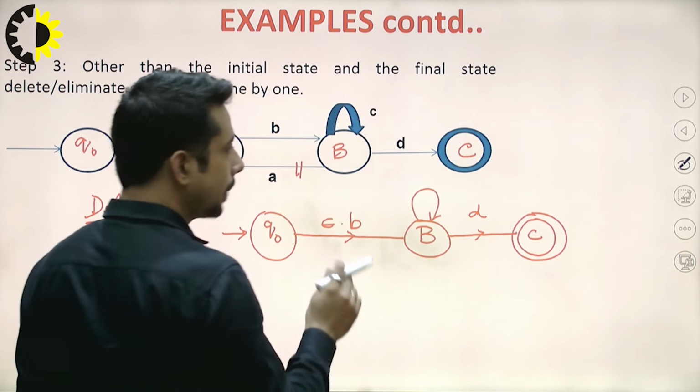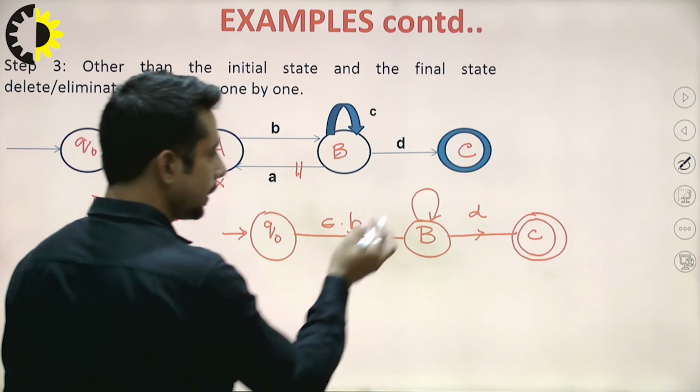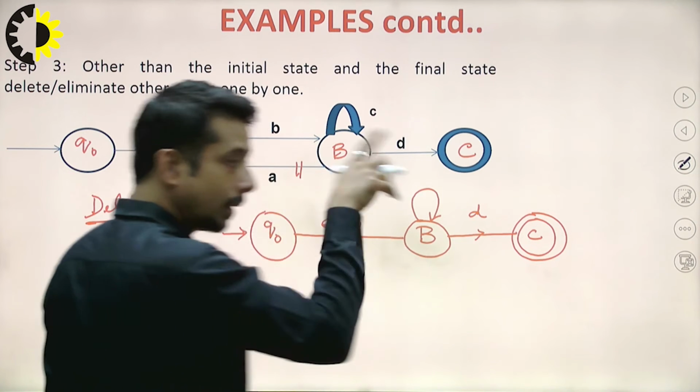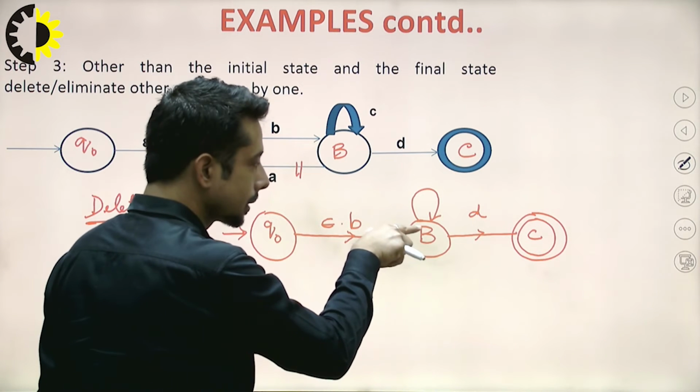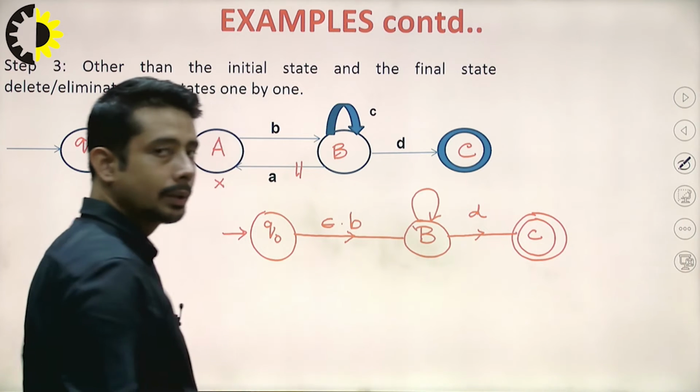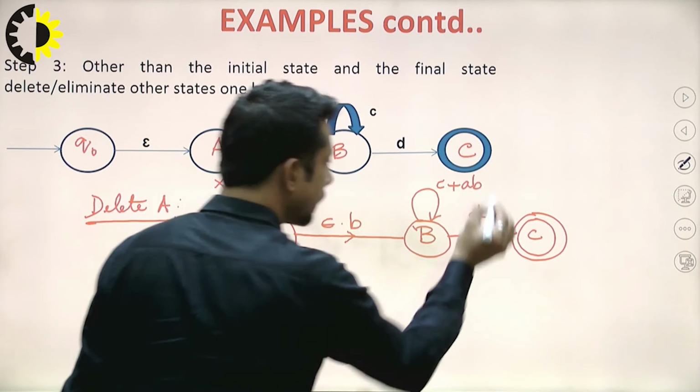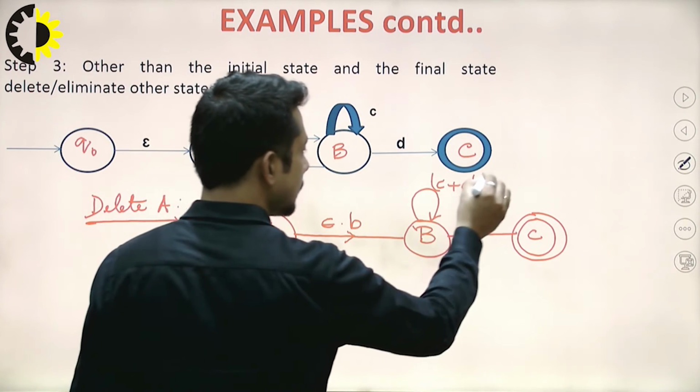If I combine it into one, then it will be C. Earlier it was C and here it was AB, right? So both are going in the same direction because it is coming out from B and entering into B only. So I will write down as C plus AB. So this is the self loop part.